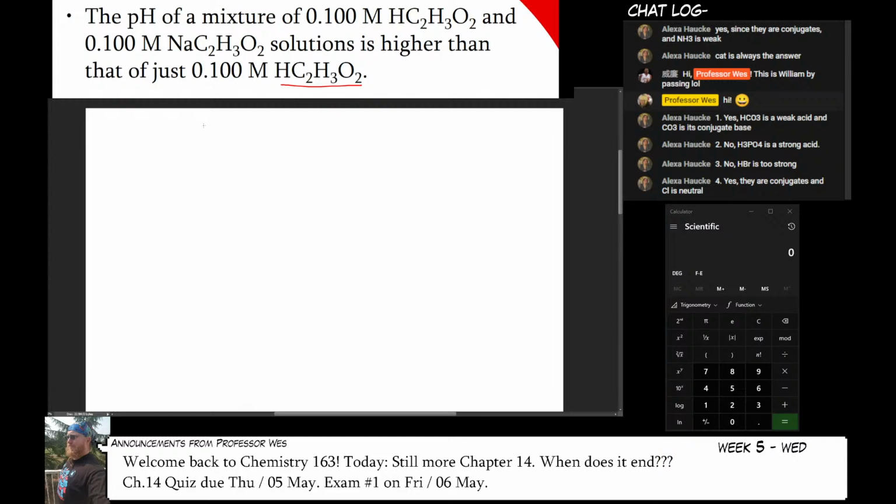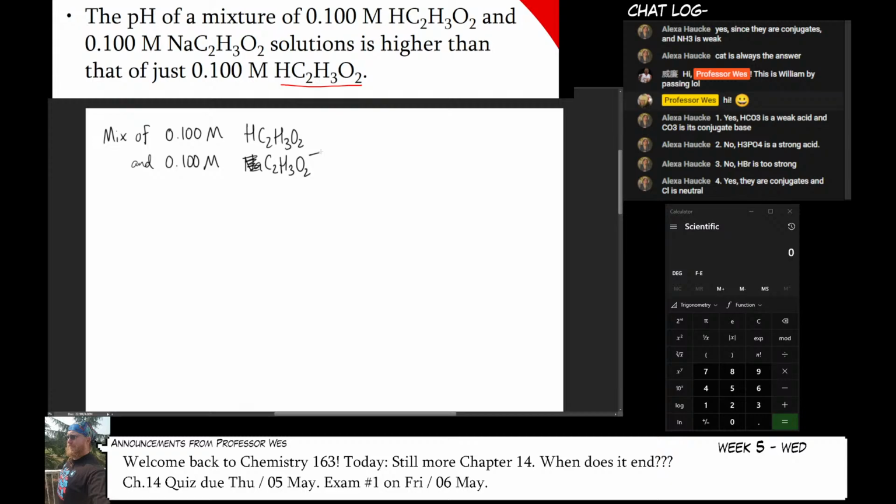So what we're going to do, I want to make sure I get the right sig figs here. So we've got our acetic acid and sodium acetate. And remember that really this, we don't care about this. This is really just this, right?